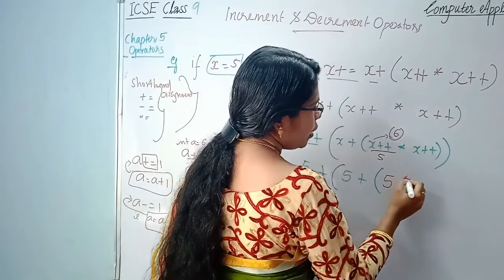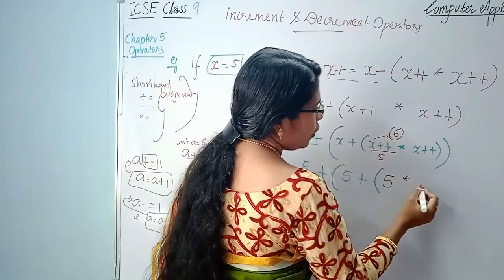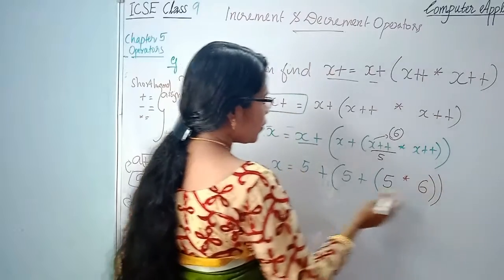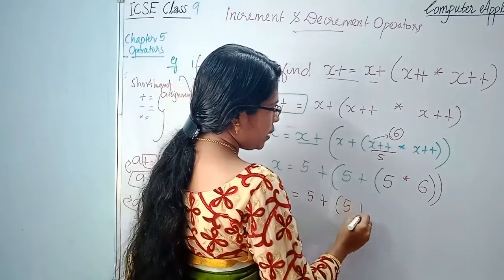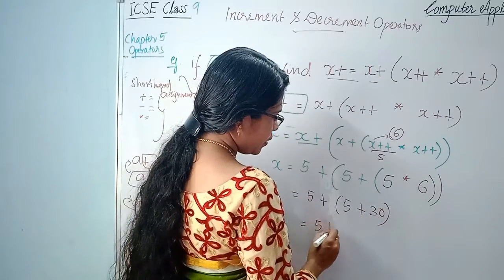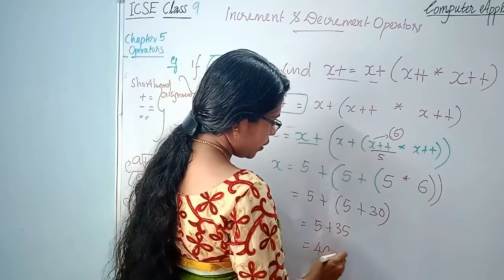So how will you write? Multiply. This is the multiplication symbol, and the value updated as 6. That value we will use it here. Okay, so what is the final value of this one? 5 plus 5 into 6 is 30. So we will get 5 plus 35. So the final value we will get is 40.